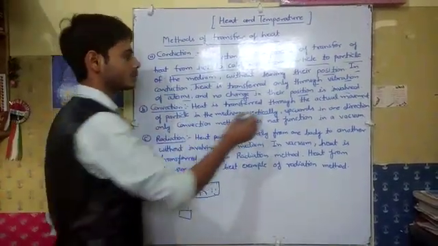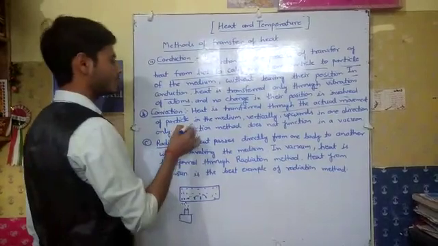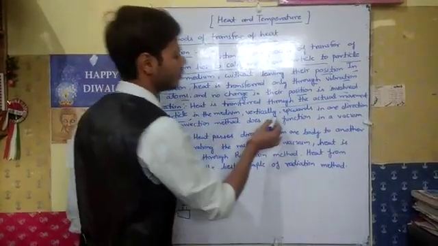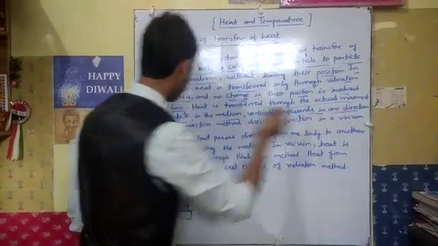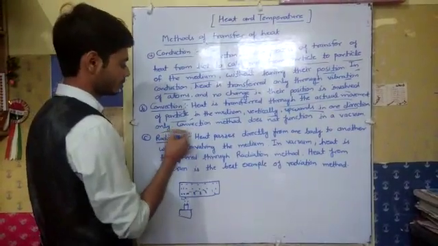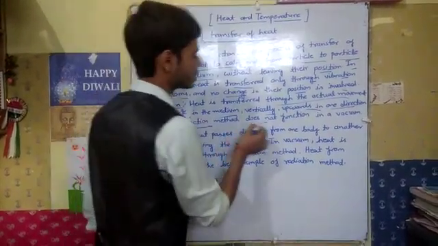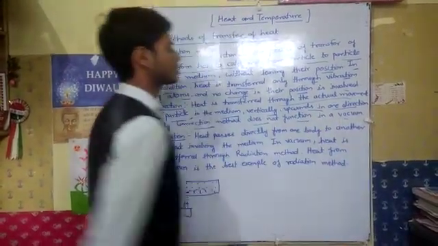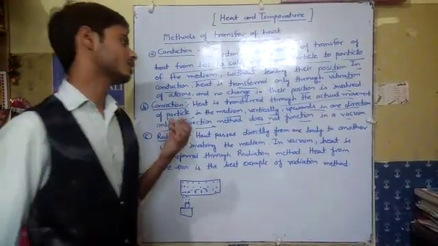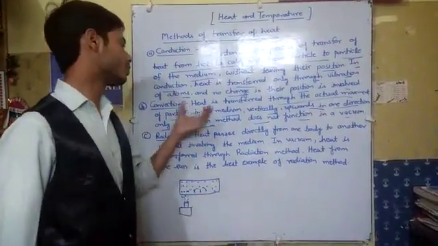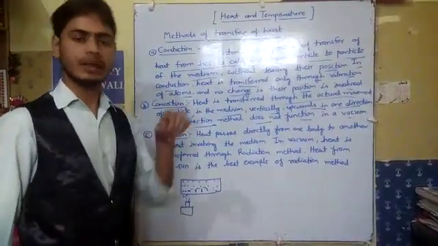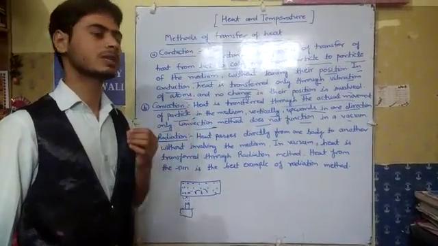Heat is transferred through the actual movement of the particles in the medium, vertically upward in one direction. The convection method does not function in a vacuum. It requires a medium for transferring the molecules from one place to another.